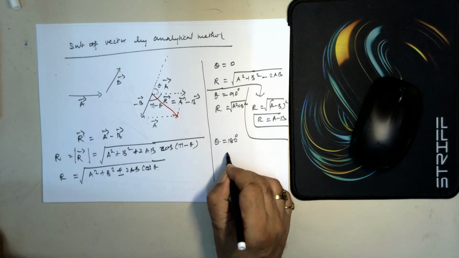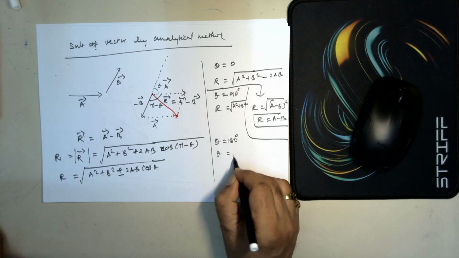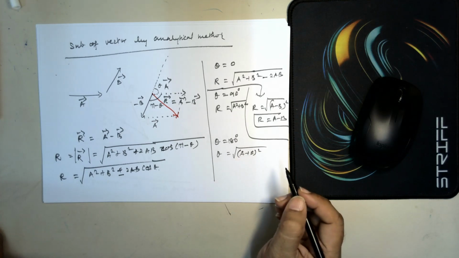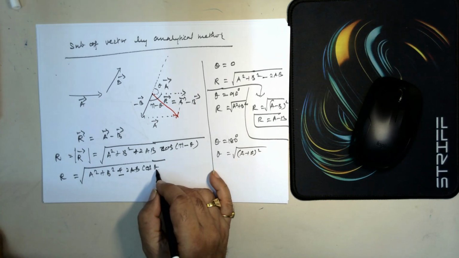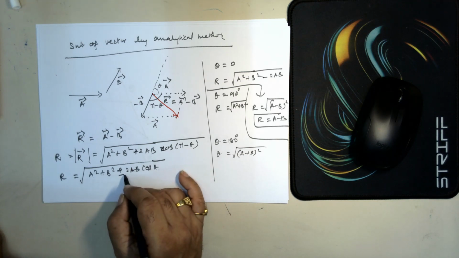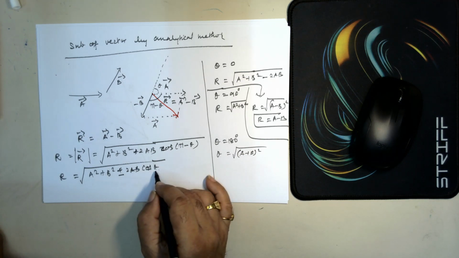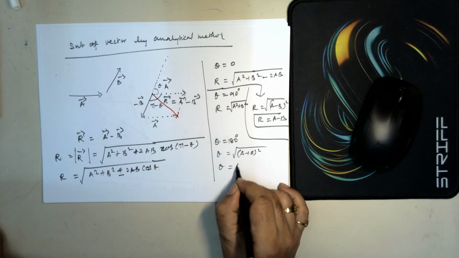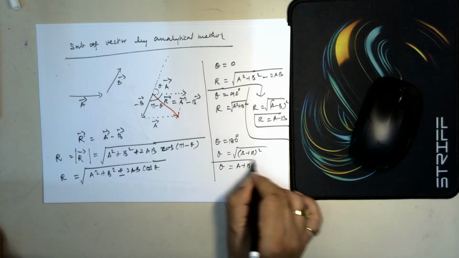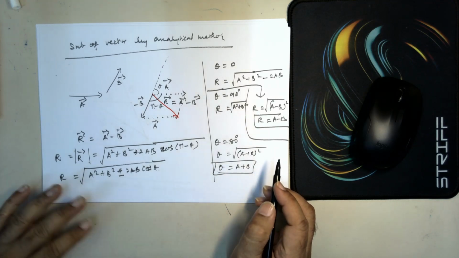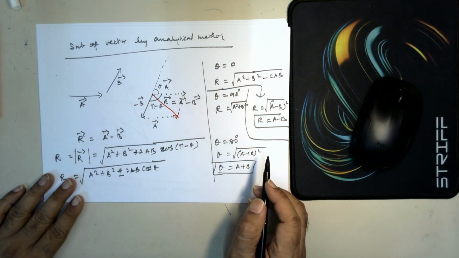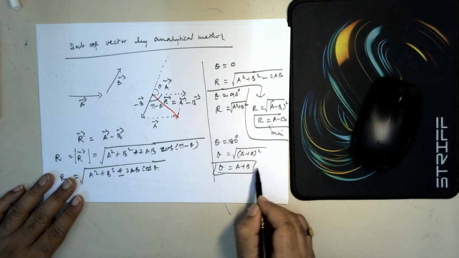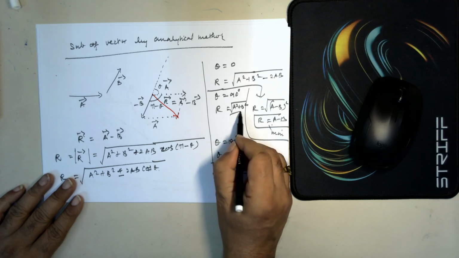Therefore, R is equal to the square root of a plus b, the whole square, which is a plus b. So this is the maximum. Where theta is equal to 0, it has the minimum value. So this has a minimum value, this has a maximum value, and this has the in between value.